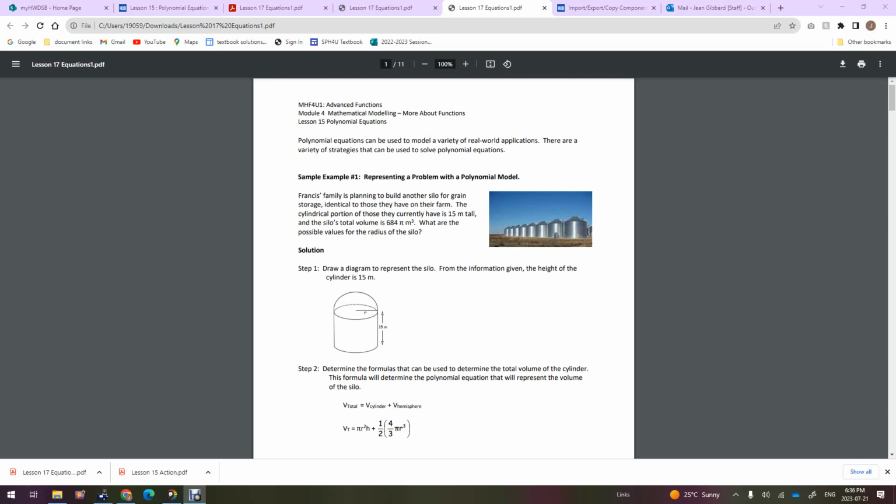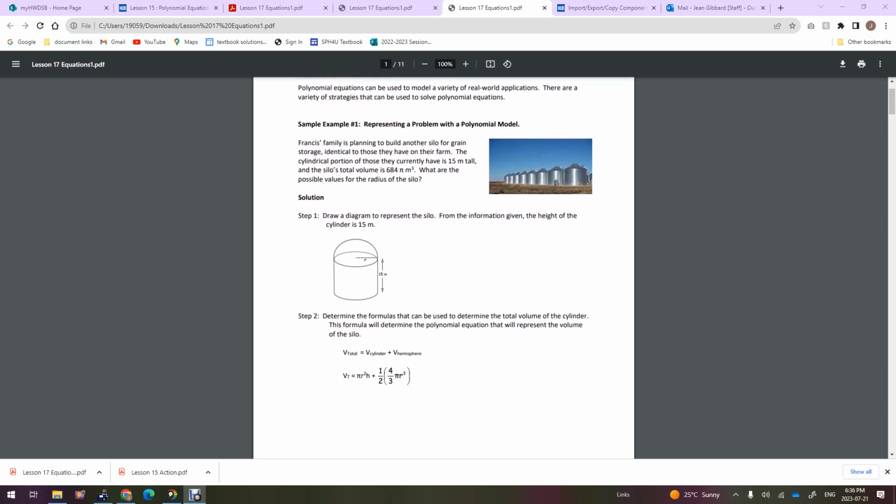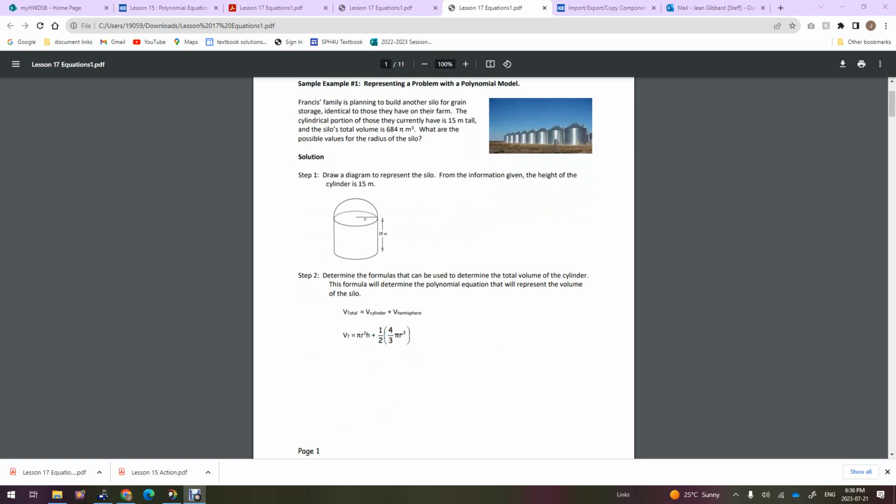This formula will determine the polynomial equation that will represent the volume of the silo. In our example, we can say that the total volume, which is given by the formula pi r squared h, is 1/2 times 4/3 pi r squared.